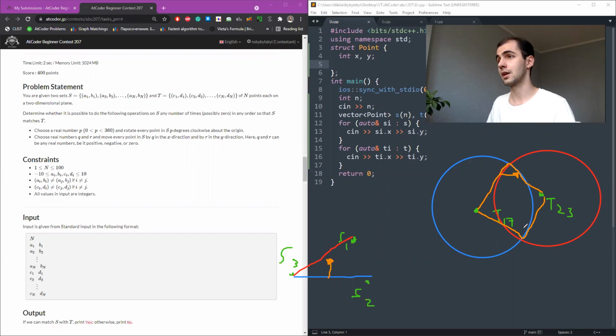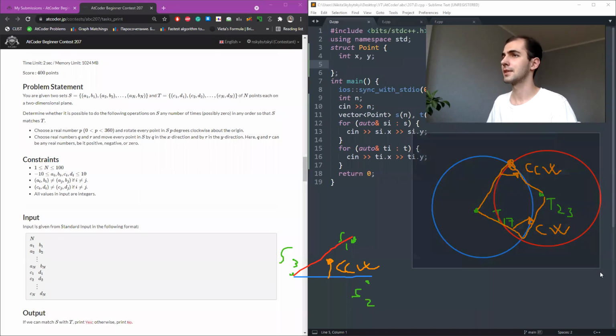But if I fix the order, then this is counterclockwise and this is clockwise. Therefore, your point will be here, and it matches logical reasoning.